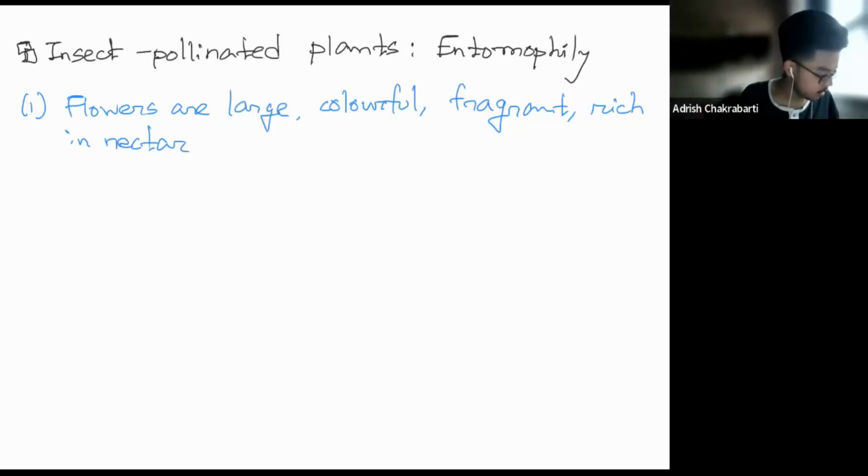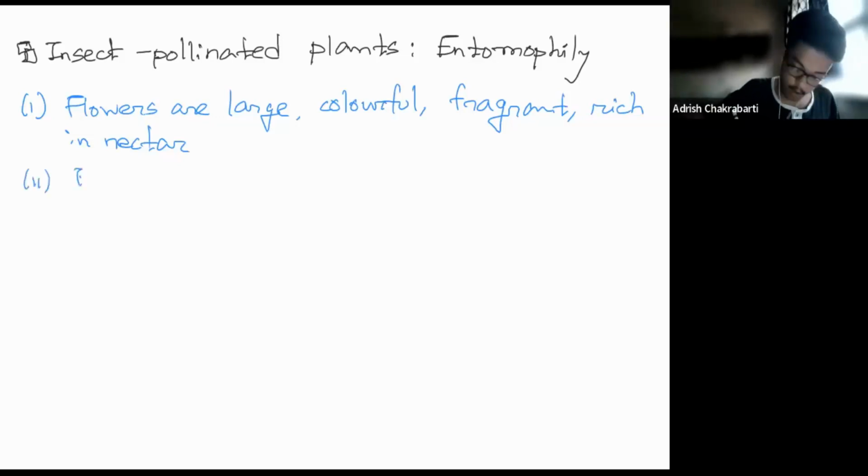The flowers are large. Just going through NCERT lines. When the flowers are small, a number of flowers are clustered into an inflorescence to make them conspicuous. The animals are attracted to flowers by the color and fragrance. I've told about that.